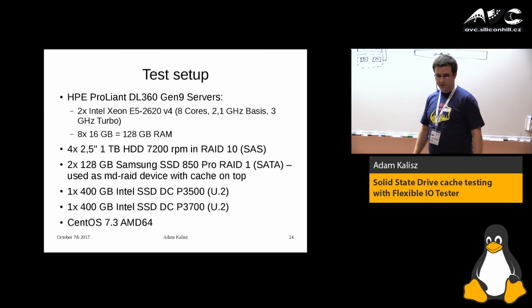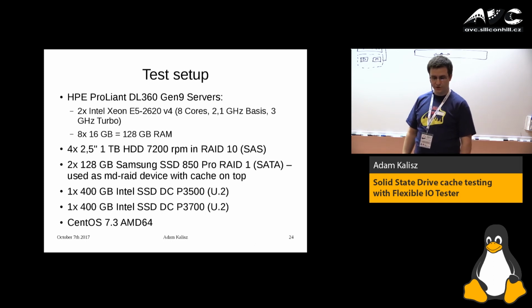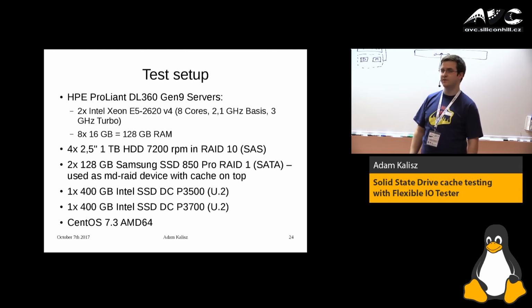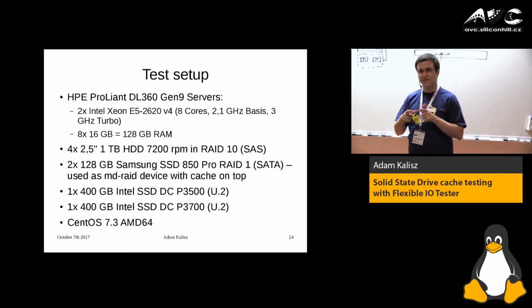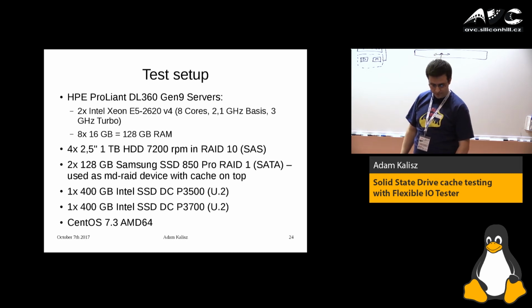For my testing, I had some serious hardware. I had 2 servers, as I said. I had access to usual SAS drives, some SATA SSDs. I also had some NVMe SSDs, so some quite fast storage. I used CentOS 7.3 for the testing, 64-bit obviously.